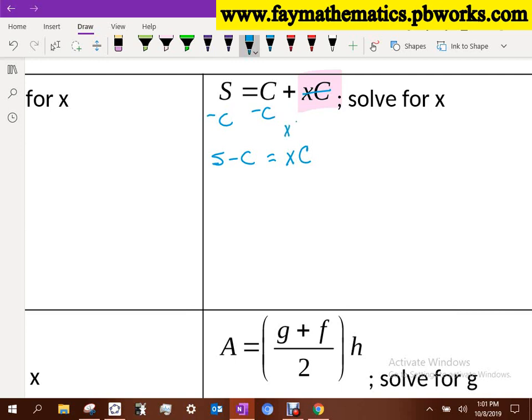Would you rather write that as X times 4, or 4 times X? Okay, so it doesn't really matter, but if you want to write this as CX, a lot of people prefer that. Now what would you do, Lindsay? Divide both sides by C. That'll give me 1X. Come over here, divide by C. So S minus C over C is equal to X.